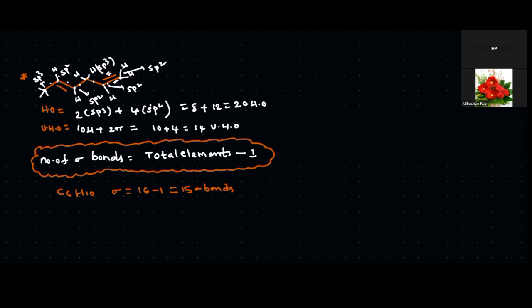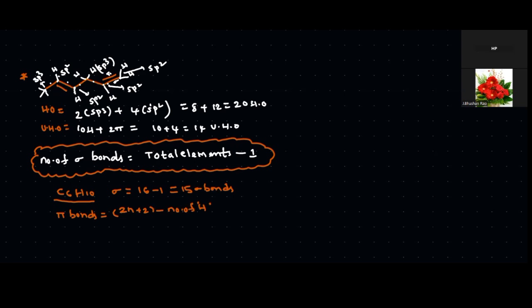Next, number of pi bonds. In the given molecule we can identify this directly: 2 pi bonds are given. But for other compounds, how to identify? Use the formula 2n plus 2 minus number of hydrogens, divided by 2. You will get the number of pi bonds.